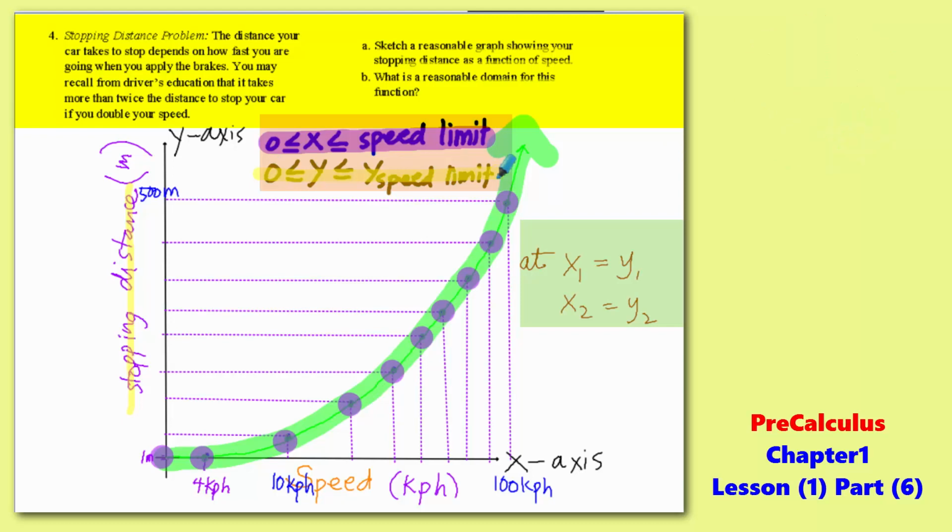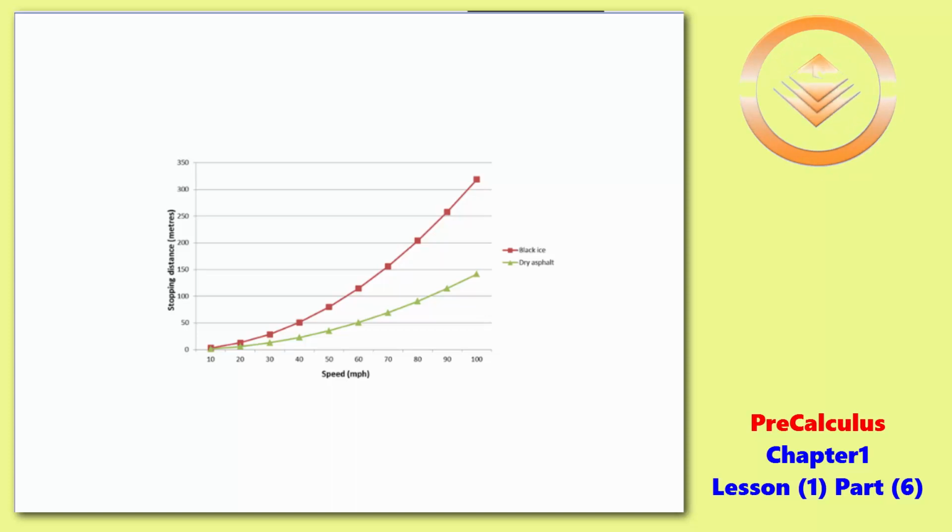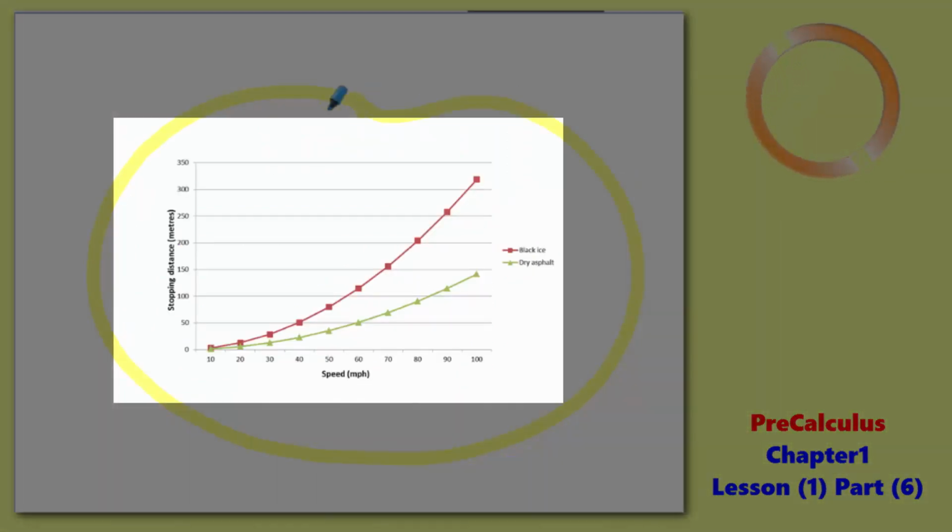Now we are going to present some illustrations taken from the internet. I have taken this illustration from one of the internet sites, and I compared what I did, and as you can see, they are similar.